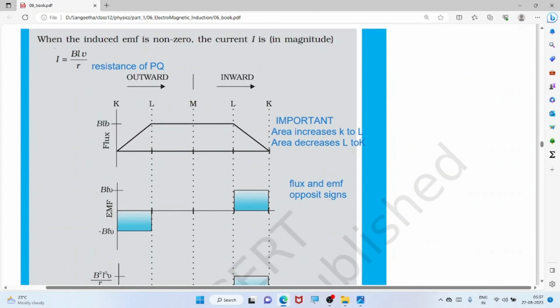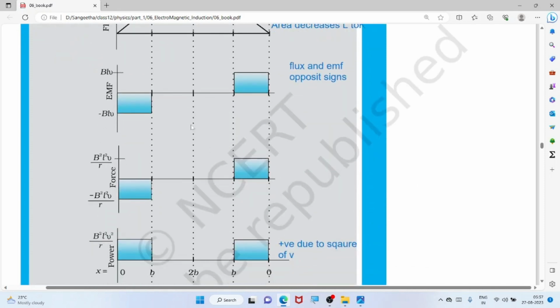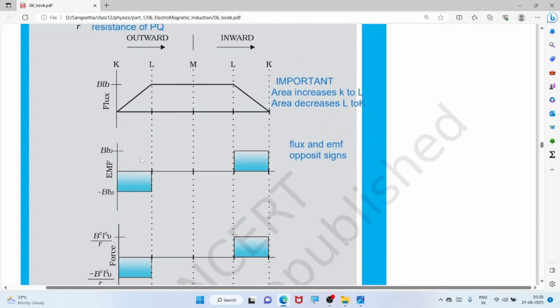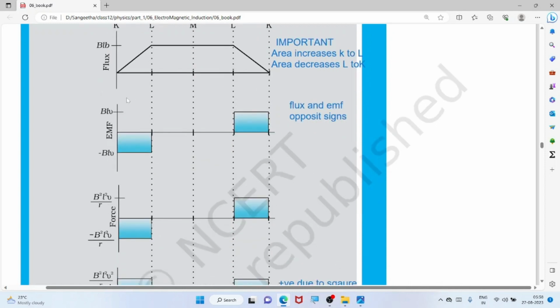So they have given the graph. Here the area increases, here the area decreases, and in this place the area is constant. This is the EMF. See here the flux is in the positive direction and the EMF is negative, because of the negative sign between flux and EMF.